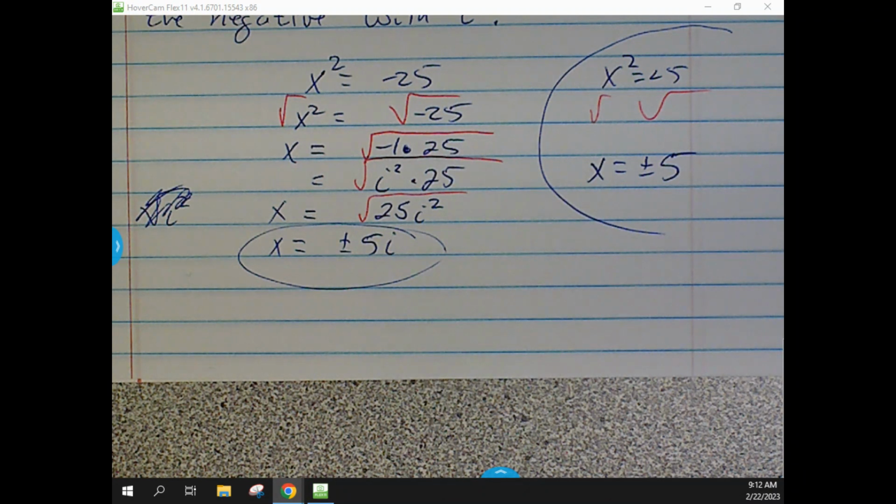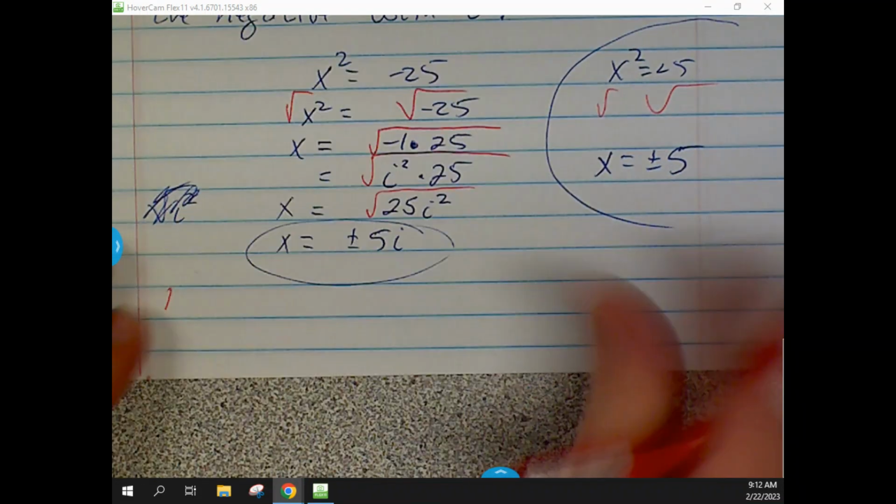All right, now here's one little tiny thing that may pop up just for this section. Once we get past this first little bit of complex numbers, once we move on past this the other days, we won't worry about this as much. I'm going to put this on the next page.